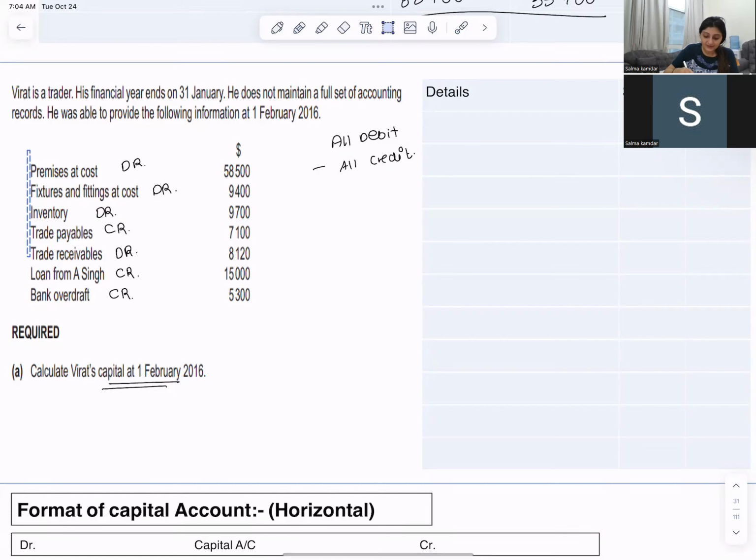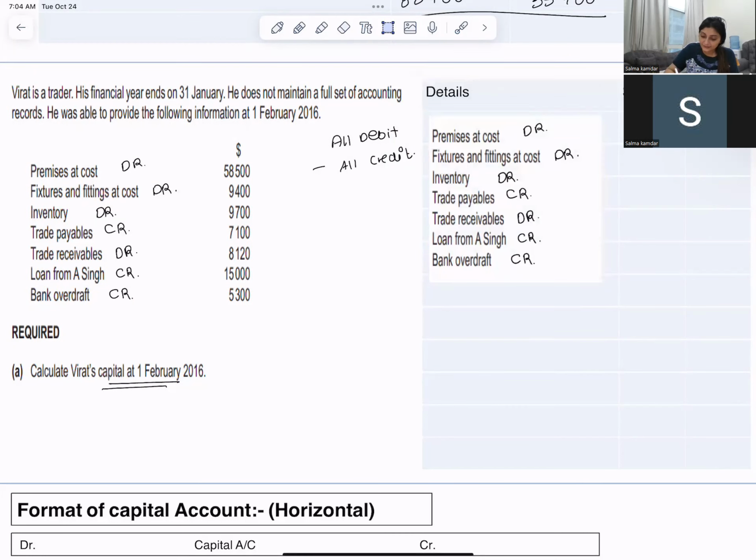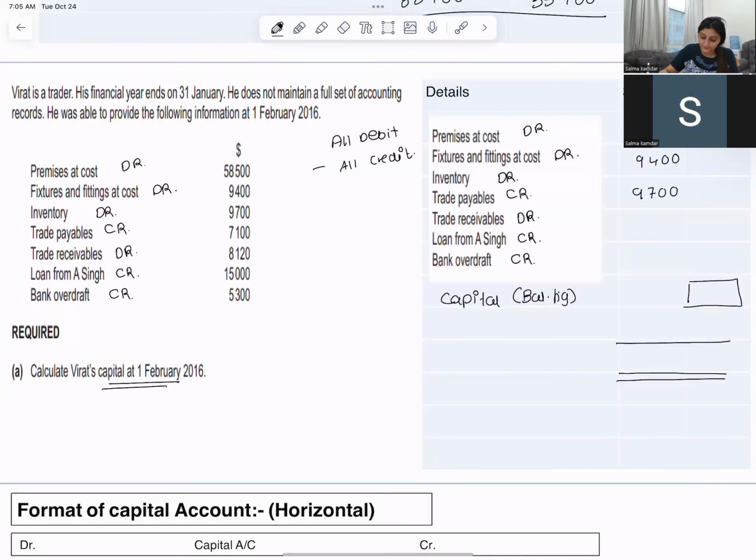Now what will I do? I will write all of this over here. What I need to find out is capital. Capital will come on the credit side, I know this, and this will be my balancing figure. Now I will write the amount. Premises is 58,500. Fixtures and fittings is 9,400. Inventory 9,700. Trade payables 7,100.